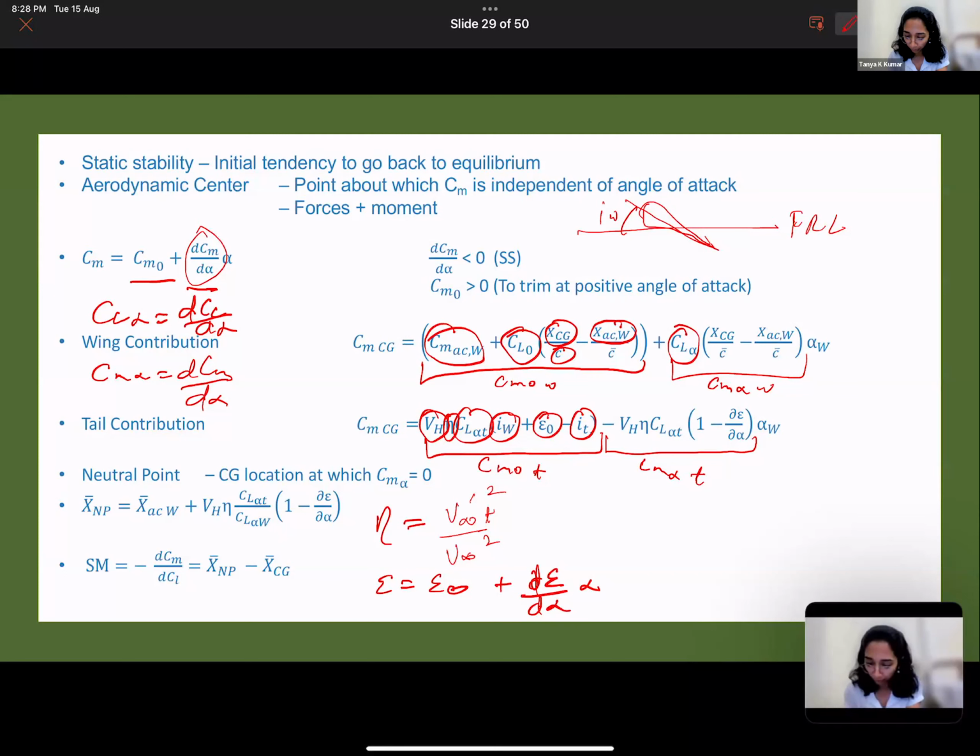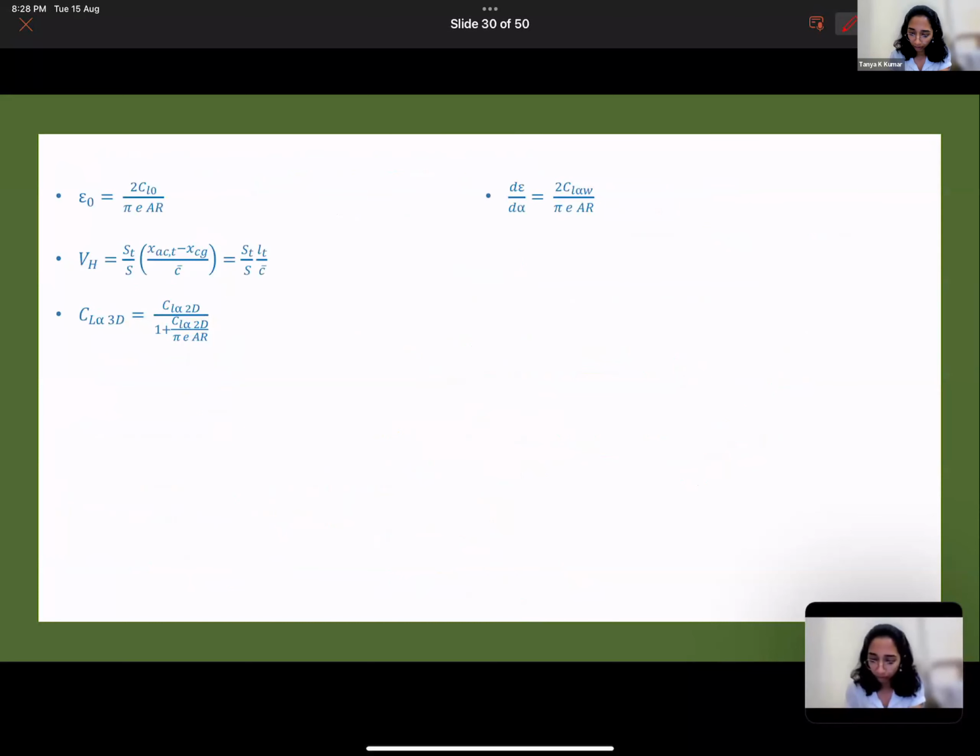Let's go to the next equation. Neutral point. All of these are fine. X bar NP is the location of the neutral point. Here again, everything should be fine. What is ST? These are just a summary of all the formulae that we used. If you want to go over this, do go over it and let me know if there is any question. So what is ST?